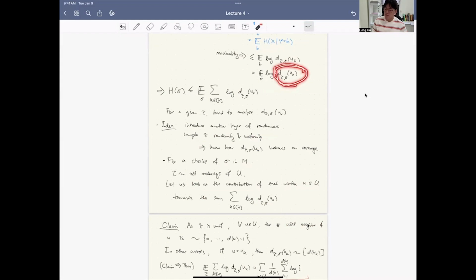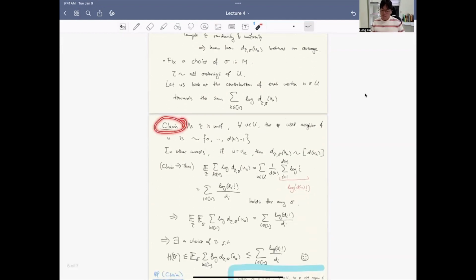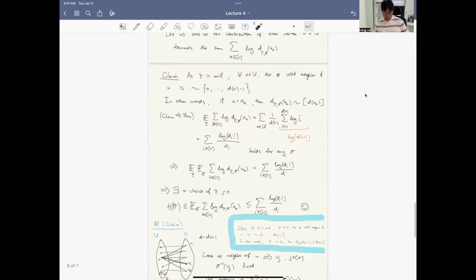It's hard to analyze for a particular tau, but it's easier if you take tau also random, introducing another layer of randomness, and then we can estimate this through its expectation. This is what this claim is saying. If tau is chosen uniformly at random, then the number of unused neighbors is anything between 1 and its degree, and they happen equally likely. We can then analyze this much more easily, and the rest is just computation.